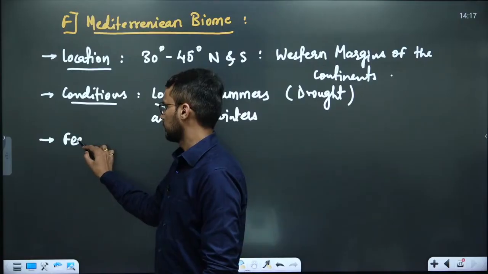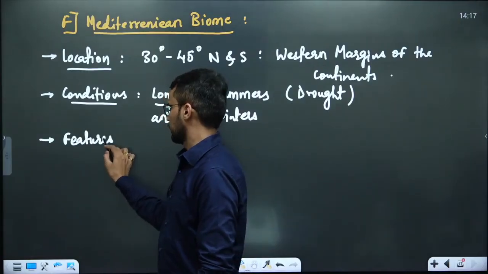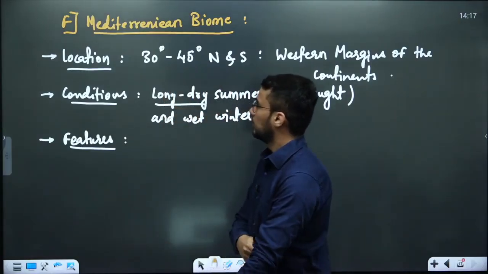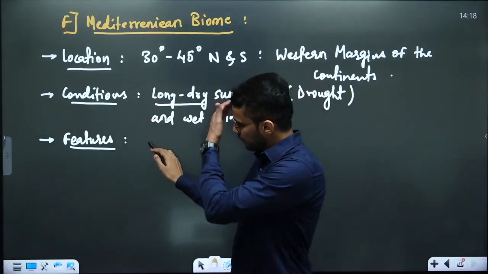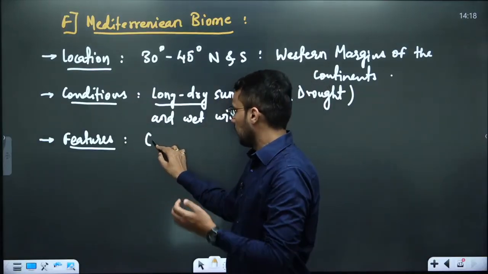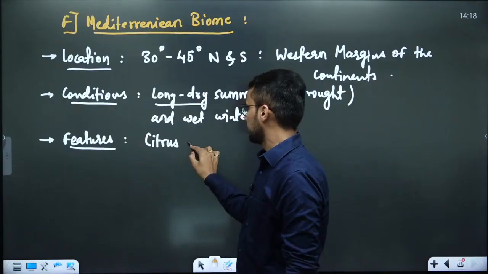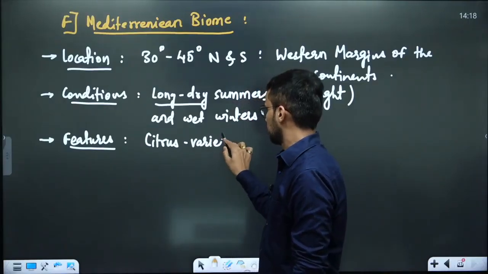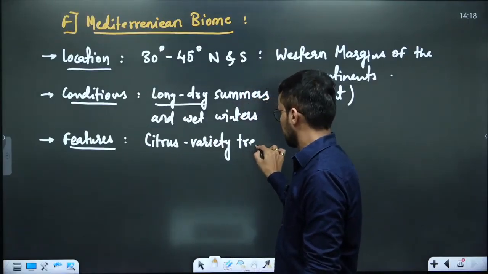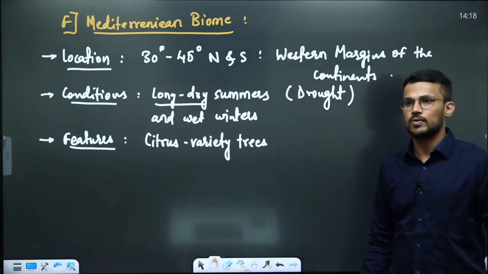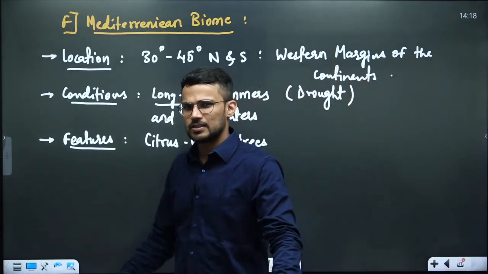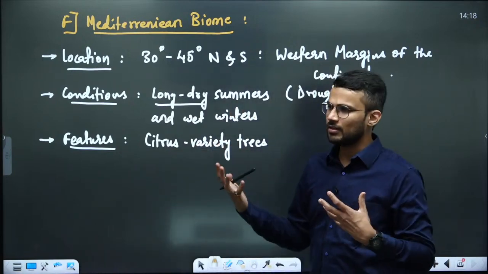Features. In the Mediterranean, we have presence of trees of citrus variety. Citrus variety means oranges, lemon, like that, right?